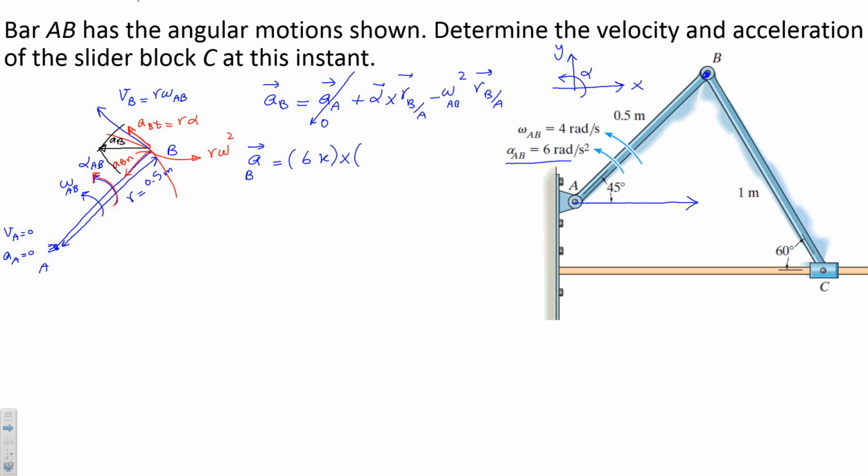We start from A and go to the point B. So we have 0.5 cosine 45 i plus 0.5 sine 45 j.